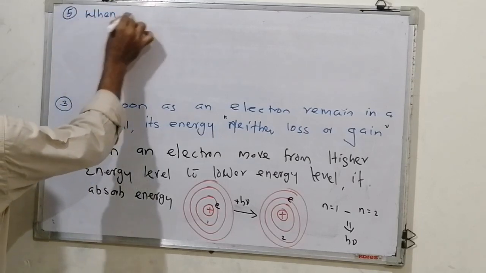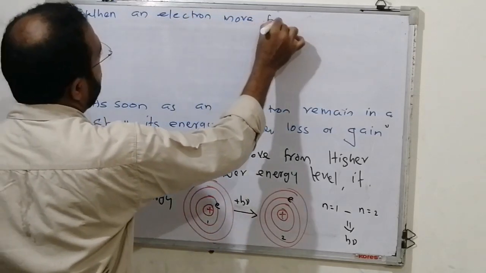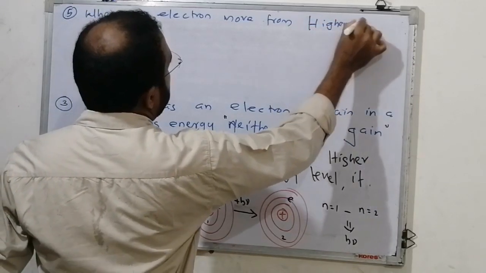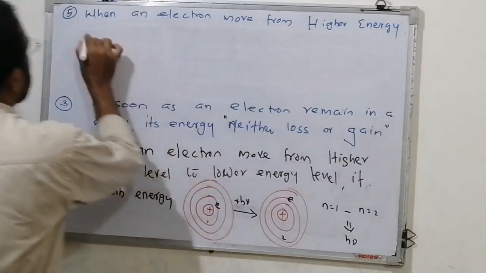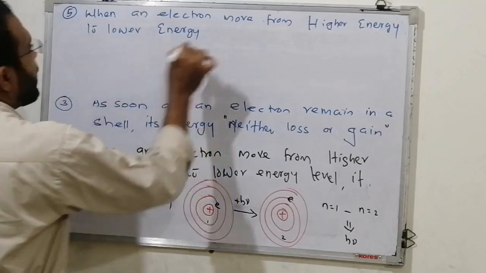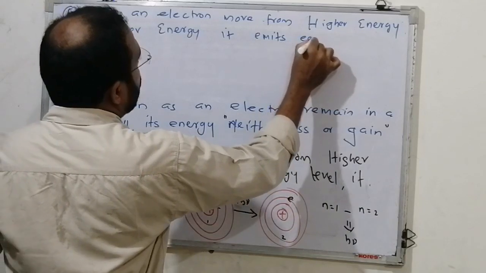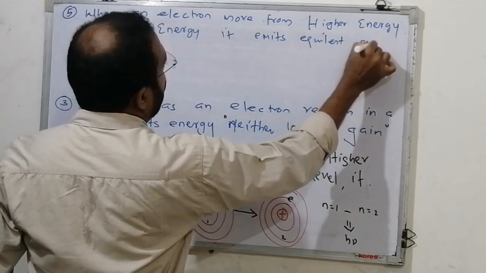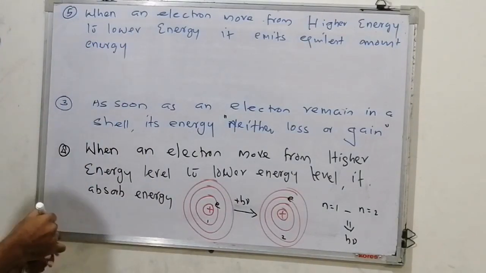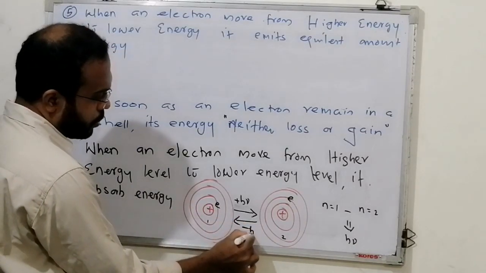When an electron moves from a higher energy level to a lower energy level, it emits an equivalent amount of energy in the form of light, a photon. Therefore the reverse happens, minus h nu.